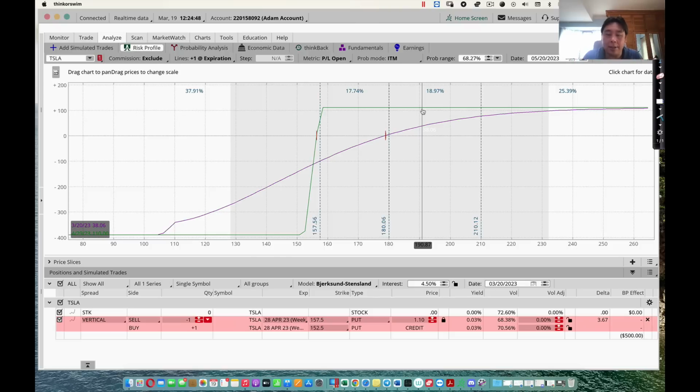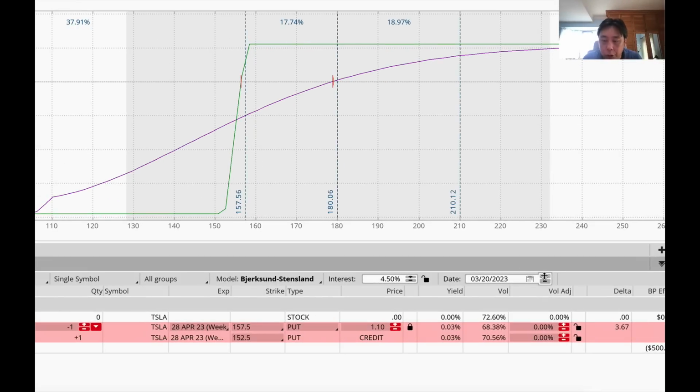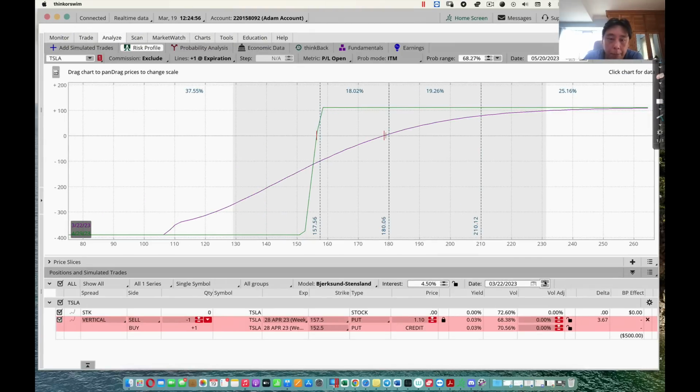Because every day that passes, the purple line, let me show you, from the 20th of March, I'm going to go to the 21st of March, right? 22nd, 23rd. Now, look at what happens to the purple line as we move to expiration. Can you see what's happening to the purple line? The purple line is moving to the green line. Can you see that?